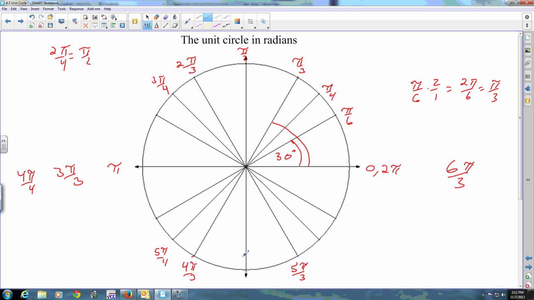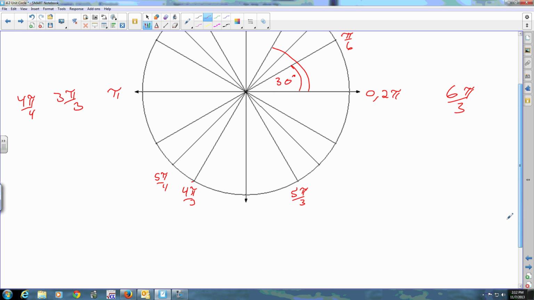Add another 45 and you're going to be at 6 pi over 4, which is going to be 3 pi over 2. So this is 3 pi over 2. Add another pi over 4, and you're at 7 pi over 4.